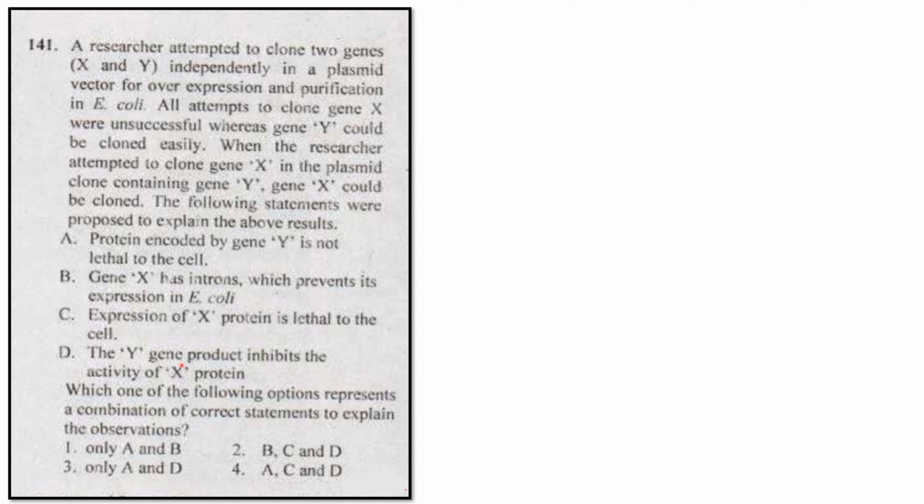The Y gene product inhibits the activity of the X protein. In the third attempt, the scientist took the Y-containing vector and cloned the X gene. According to this, after cloning, the Y gene product inhibits the activity of the X protein. So it is the right answer.